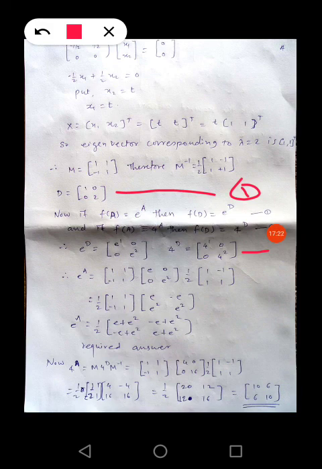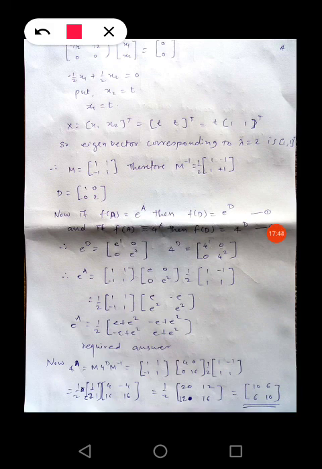So e raised to A is equal to M e raised to D M inverse. Using that fact, we get [1 1; -1 1] into [e 0; 0 e square] into 1/2 times [1 -1; 1 1].